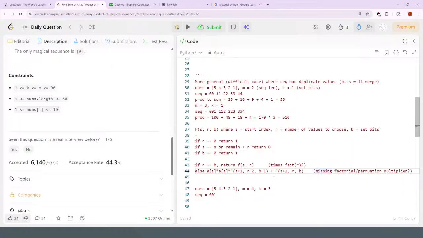0, 0. So what does that mean here? So if it's m3, k is 1, then if you pick 0, 0, then at that point you get f of index 1, choose 1, and you want 0 bits.